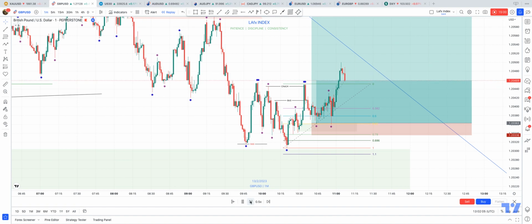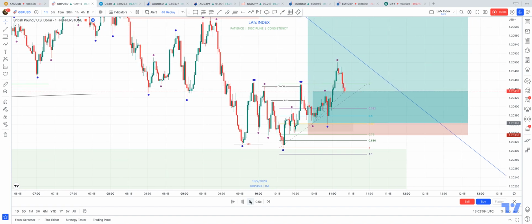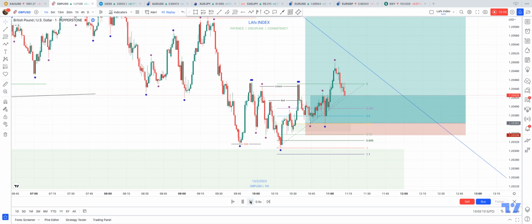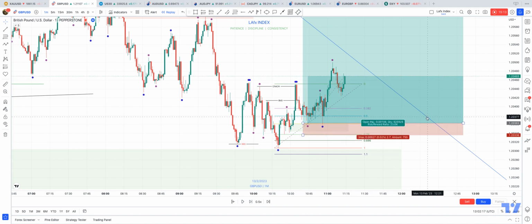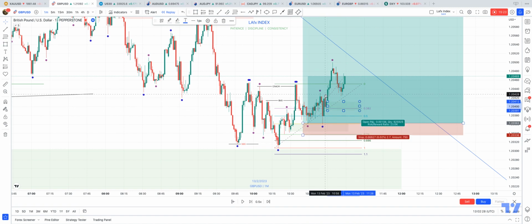Okay, let's fast forward this. If we're going to be looking for re-entries, I would have put my demand zone here. Some would argue they would put it there, but I would have put it here.